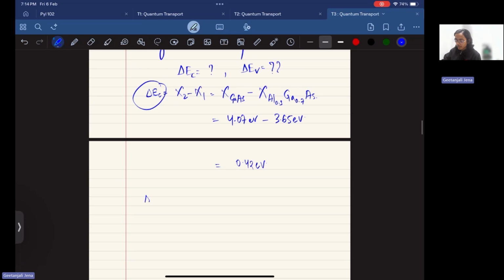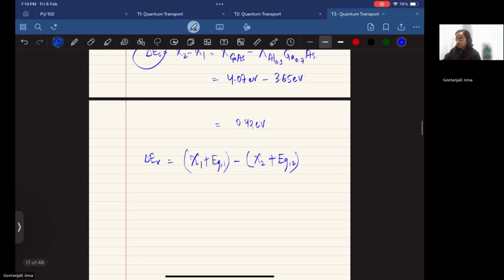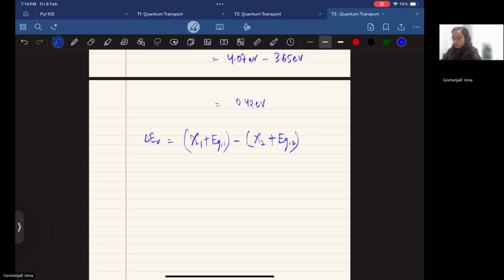For the valence band offset, if you recall, this is given by chi1 plus Eg1 minus chi2 plus Eg2. If you rearrange it, this is chi1 minus chi2 plus Eg1 minus Eg2.